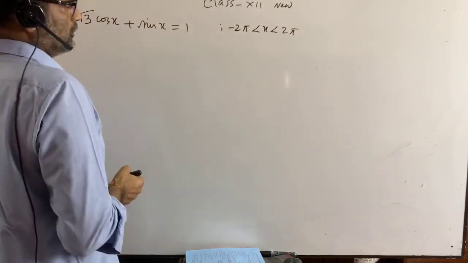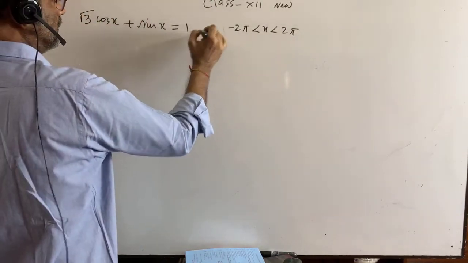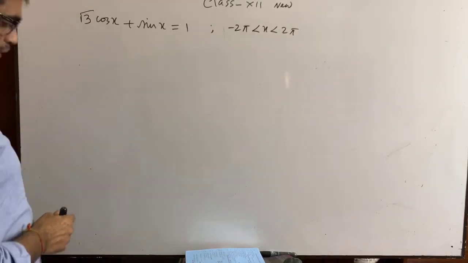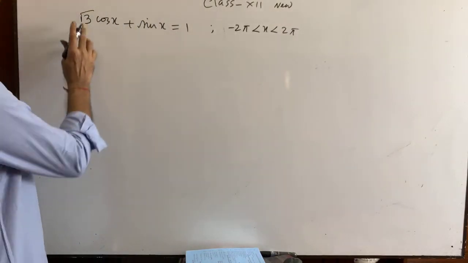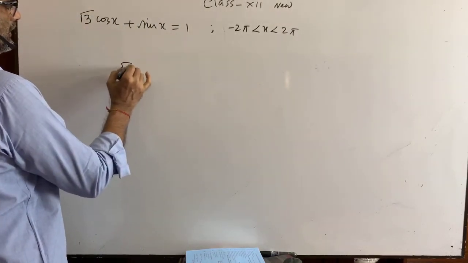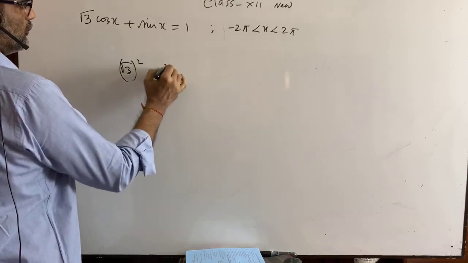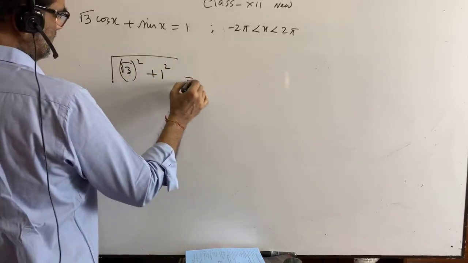So what will you do at first? Can you remember please? What will you do in this type of math? What is to be done? You see, it is root over 3 cos x plus sin x equals 1. You see, it is root 3 whole square, and the coefficient is 1 square. Now get the square root. That means what? 3 plus 1, 4.